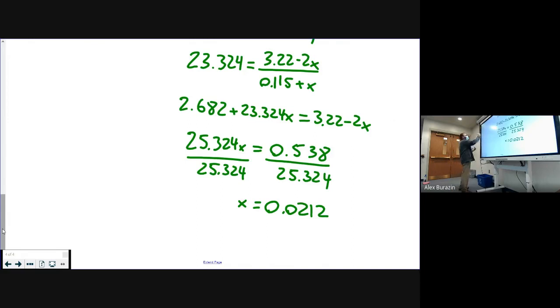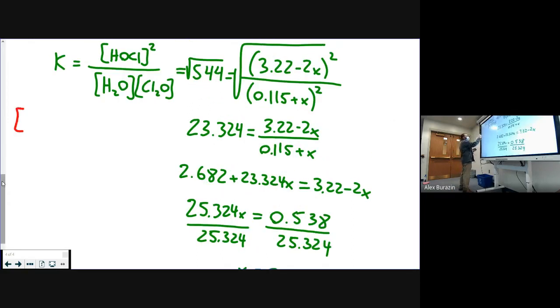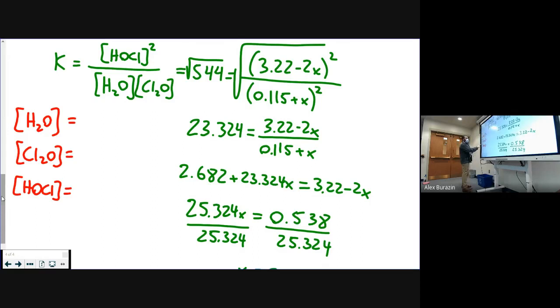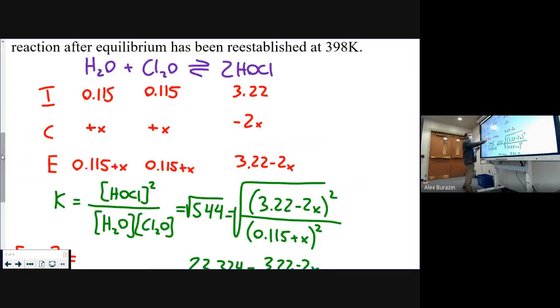Okay, that's not the final answer. That's not what I want. What I want is the molarity of all of my chemicals at equilibrium, right? So I have my two reactants and I have my product. The reactants are 0.115 plus x.